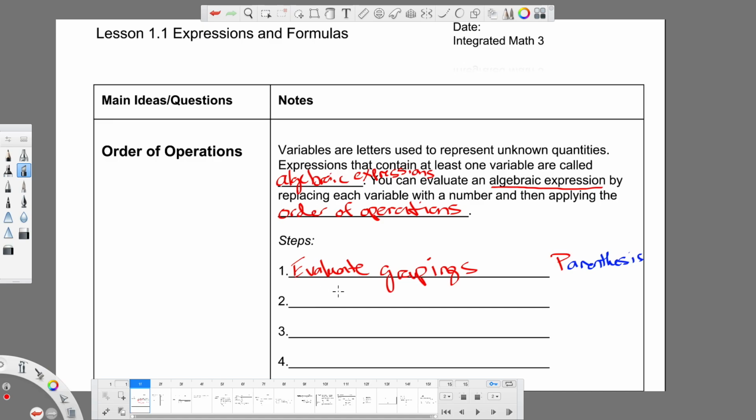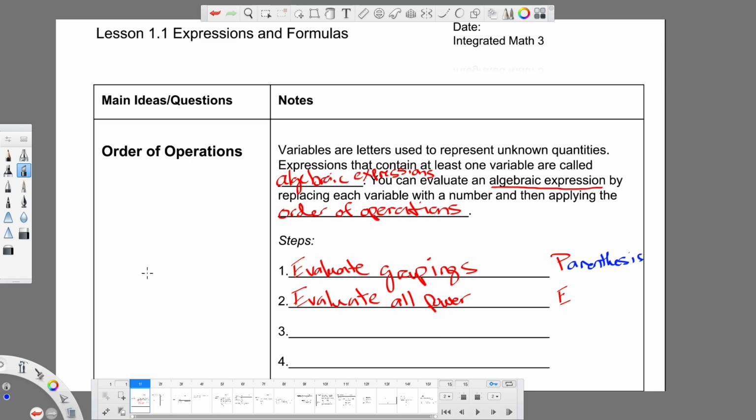Then we're going to evaluate all powers. This is the E for exponents. We say exponents in PEMDAS, but powers, it's the same idea. Remember, a power is just the entire piece.